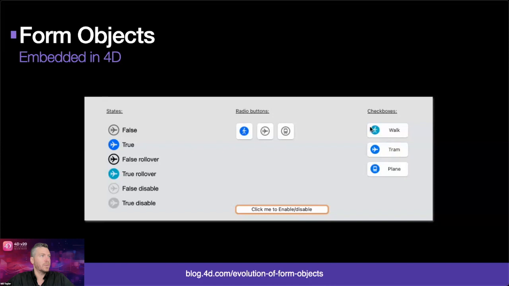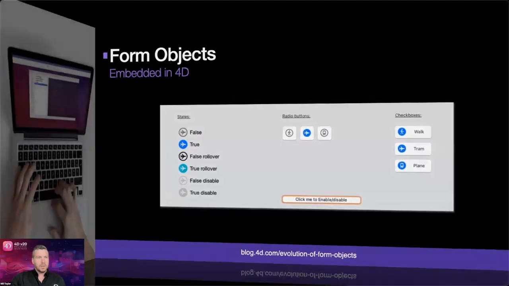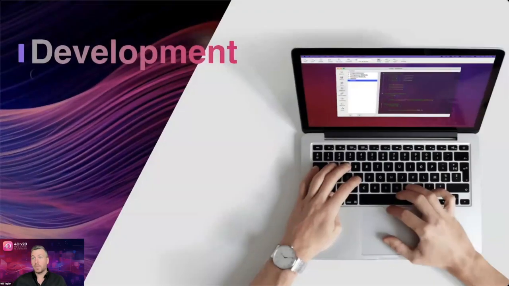It's very cool. When you roll over, it changes the colors: when it's false and you roll over, when it's true and you roll over. It's just an extension of all the combinations of states that you can have. So that was a lot of new developer features that should be very interesting to you.